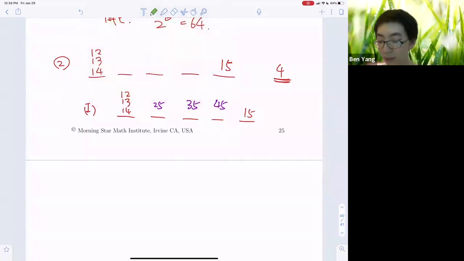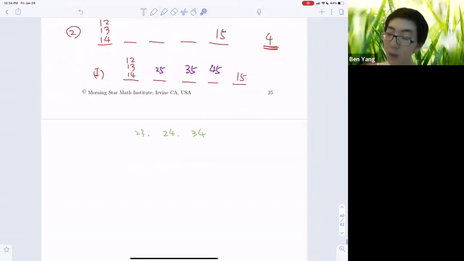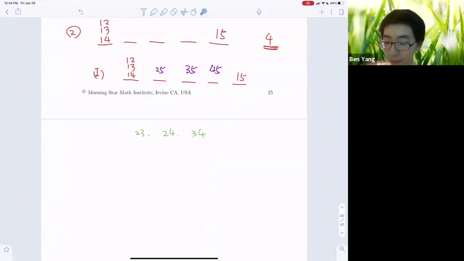Now we have 3 cards left, 2, 3, 2, 4, and 3, 4. So if we think about it, there are actually only 2 ways to place those 3 cards, because, for example, you can put 2, 3 in the second box.